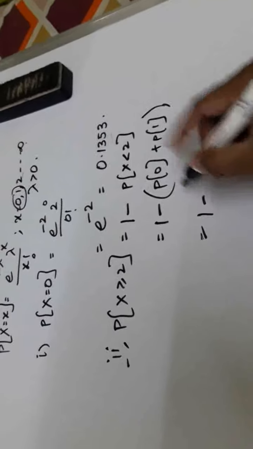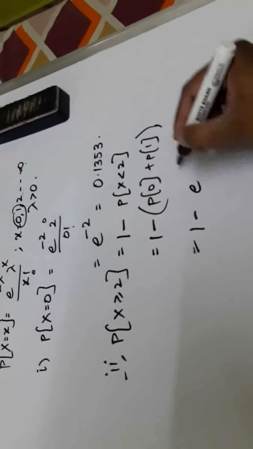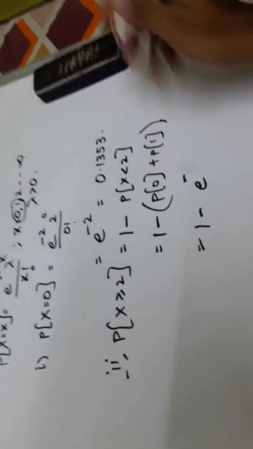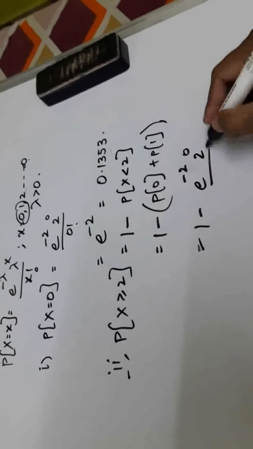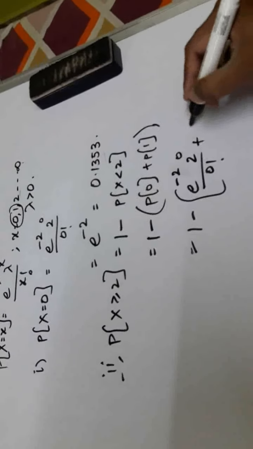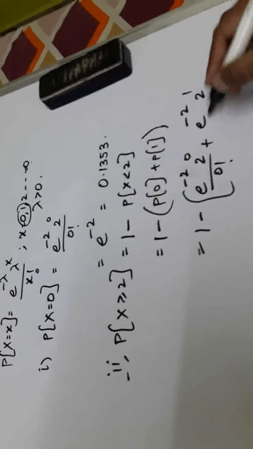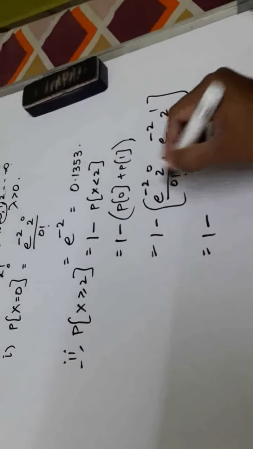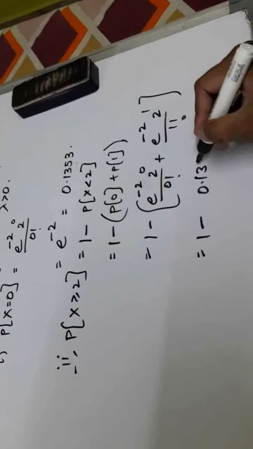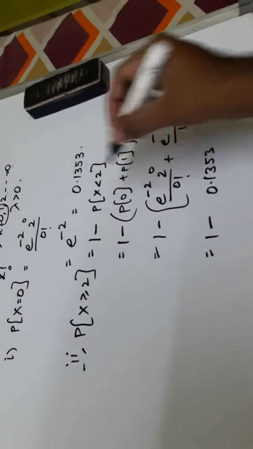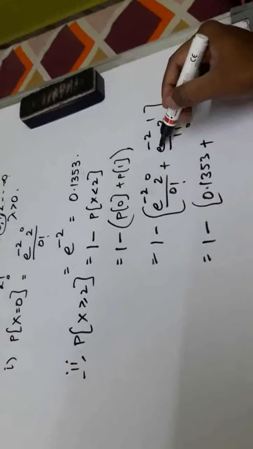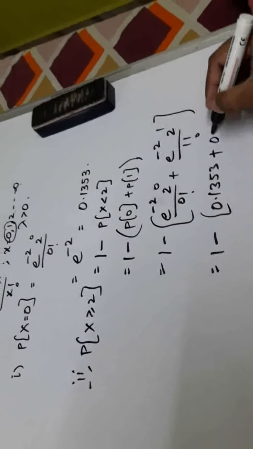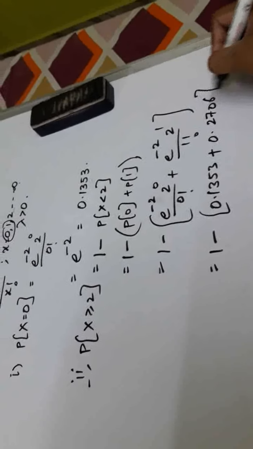Do it now. 1 minus of e power minus 2, 2 power 0 by 0 factorial plus e power minus 2, 2 power 1 by 1 factorial, that equals 1 minus of 0.1353, because the e power minus 2 value is 0.1353, plus e power minus 2 into 2, 0.1353 into 2, that is 0.2706.